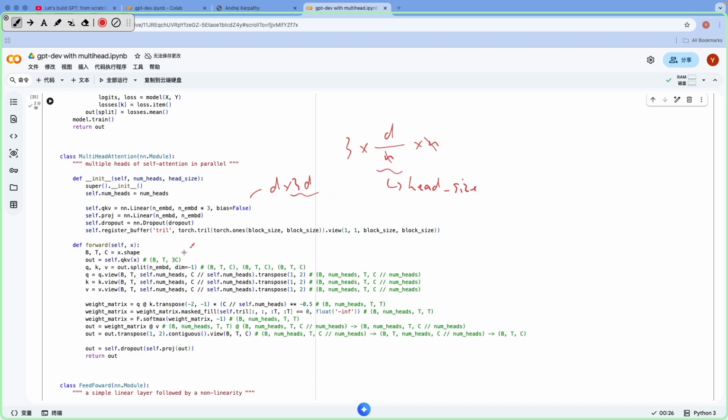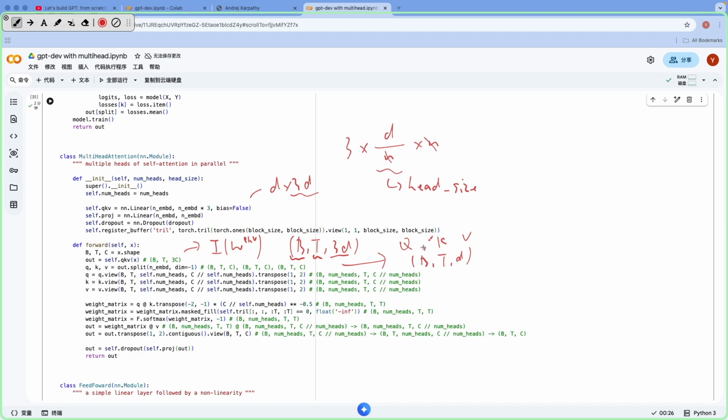In the forward pass, firstly we calculate the input tensor multiplied by the big QKV matrix we just initialized. We end up with a big matrix with the dimension B by T by 3d. B is the batch dimension, T is the sequence length, and 3d is just the combined channel dimension. Then we split it into the big Q, big K, big V matrices, and each matrix has B by T by d dimensions.